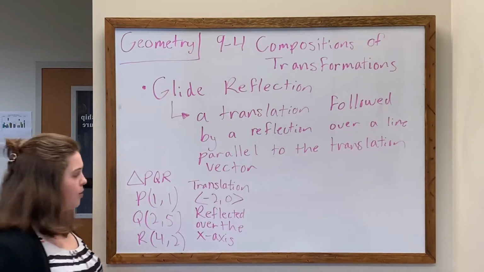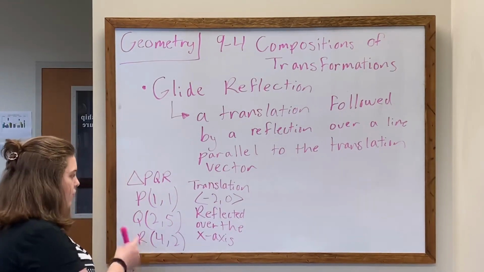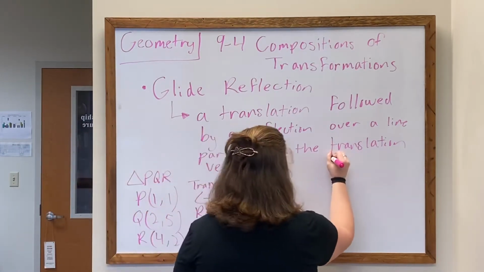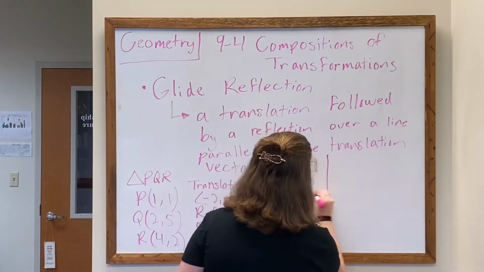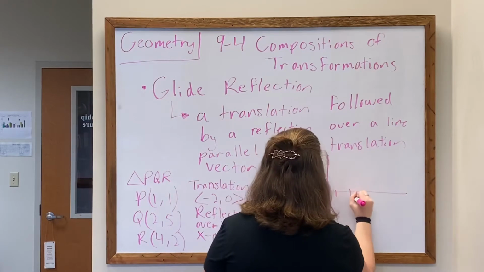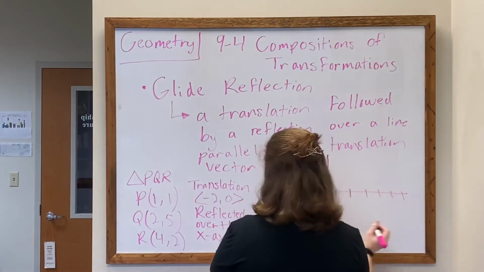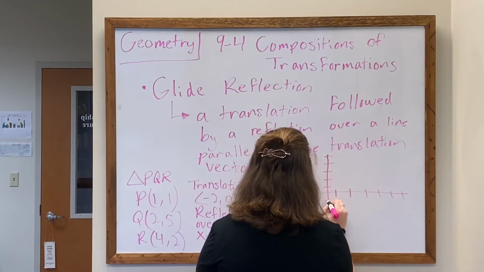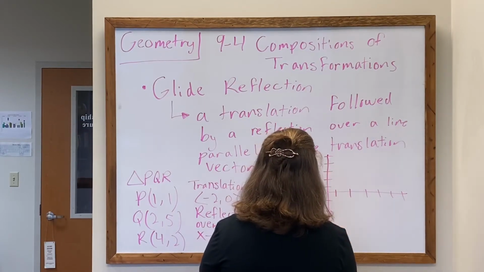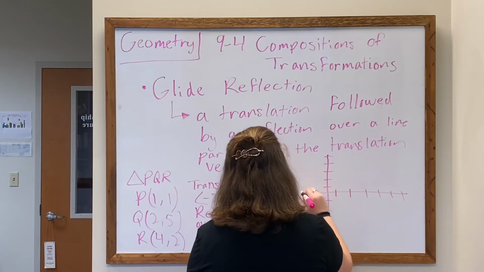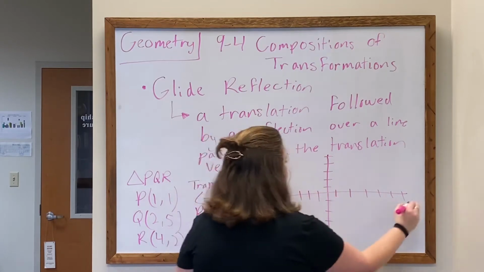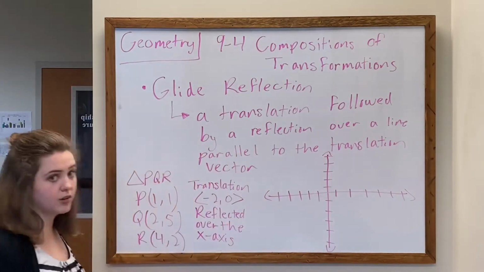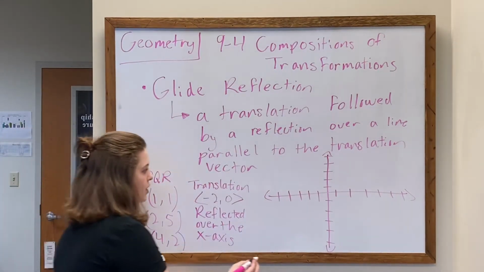Just like on your homeworks, we're going to draw a graph and graph our original shape first. So let me make my graph. There's my graph, and I'm going to graph point P, which is 1, 1.